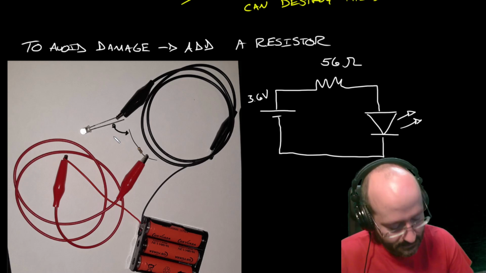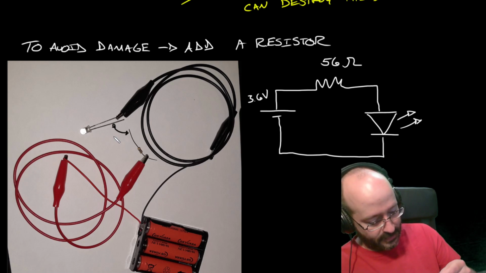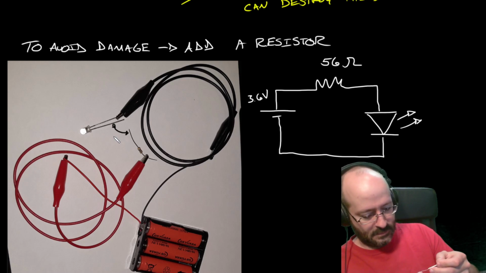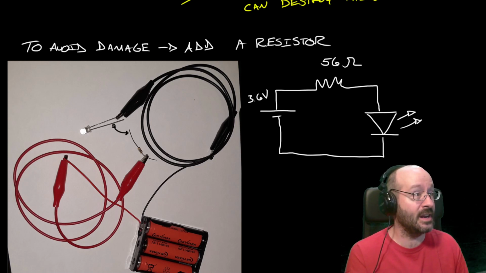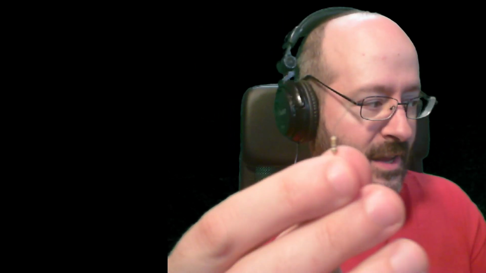I'll do this one live for you. I'm going to make myself big, shiny, and bright. Okay, so I'm going to take my resistor, and my LED.